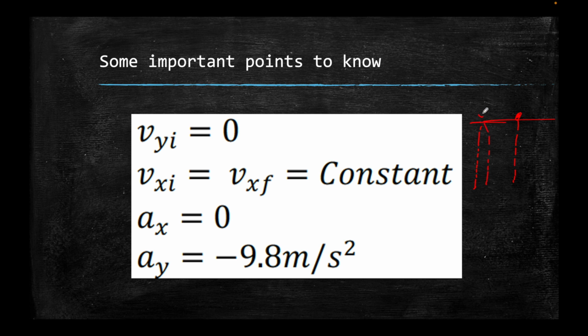Every single time, the speed at the top is always 0. Horizontal speed is constant. The starting and the final, doesn't matter. It is a constant speed. The acceleration horizontally, remember x is horizontal, is 0. There is no horizontal acceleration. There is a vertical acceleration in the y-axis, minus 9.8. So these are some important points that will help you solve problems.